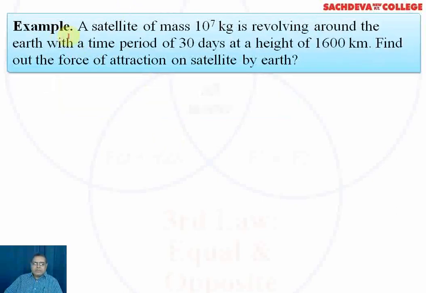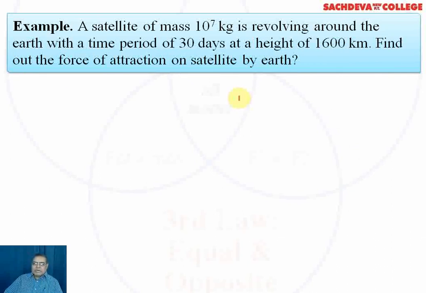Now we come towards another example. A satellite of mass 10 to the power 7 kilograms is revolving around the Earth with a time period of 30 days at a height of 1600 kilometers. Find the force of attraction on the satellite by the Earth. The mass of the satellite is provided, and it is moving around the Earth.